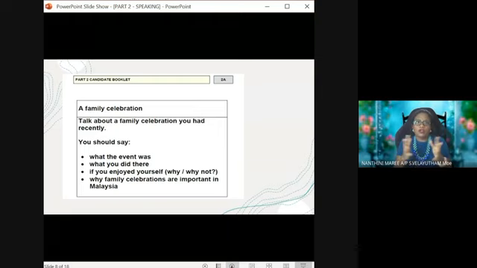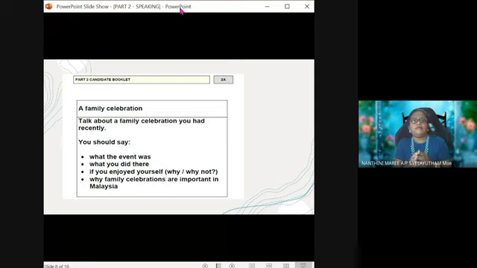Talk about a family celebration you had recently. You should say what the event was, what you did there, if you enjoyed yourself, why? If you didn't, why not? And finally, why family celebrations are important in Malaysia.